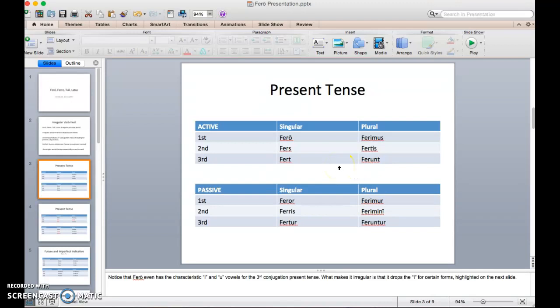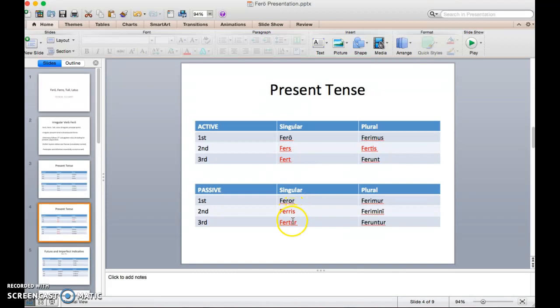So that's pretty typical. We're also going to notice here that there are certain forms where that i drops out, but the s and t ending remains. We're just dropping out that vowel. So it's weird. And on this next slide I'm about to show you, I've highlighted those forms. So we see fers, fert, fertis there, right? You've dropped out the i that you're used to seeing.